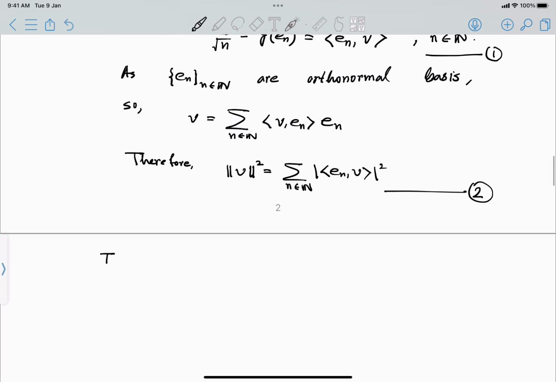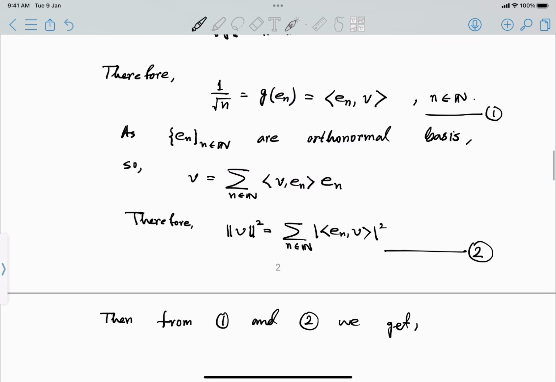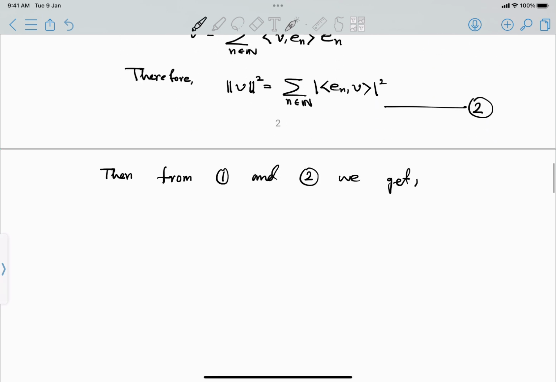Then from 1 and 2, putting En inner product v equal to 1 by square root n, the sum over n of 1 by n is norm v squared.